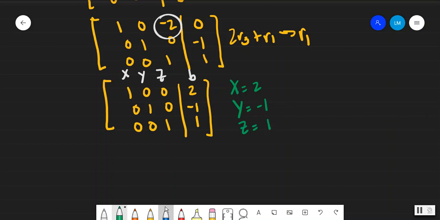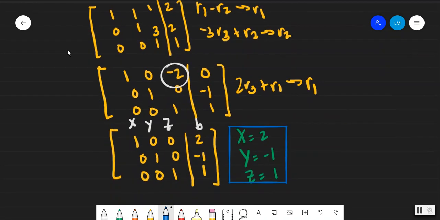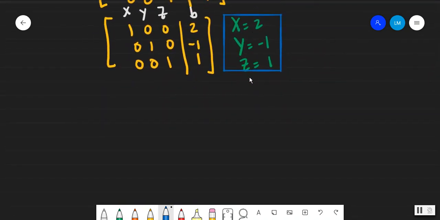Now, this is our solution. If we were to plug this into our original equation, it has to equal 2, like for the first equation, because you have x plus y plus z equals 2, which in this case it does, because 3 minus 1 is 2.